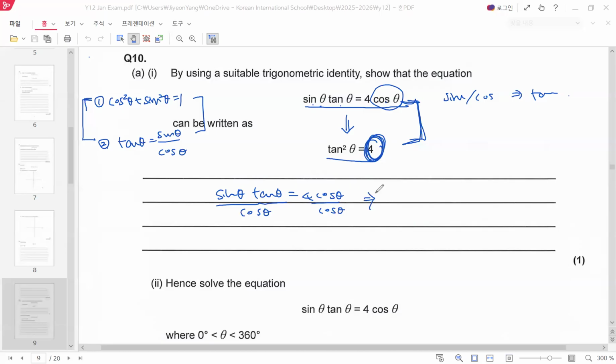And then since sine theta over cosine theta equals tangent theta, this one is tangent theta, right? Therefore, tangent square theta equals 4. Done. Okay?